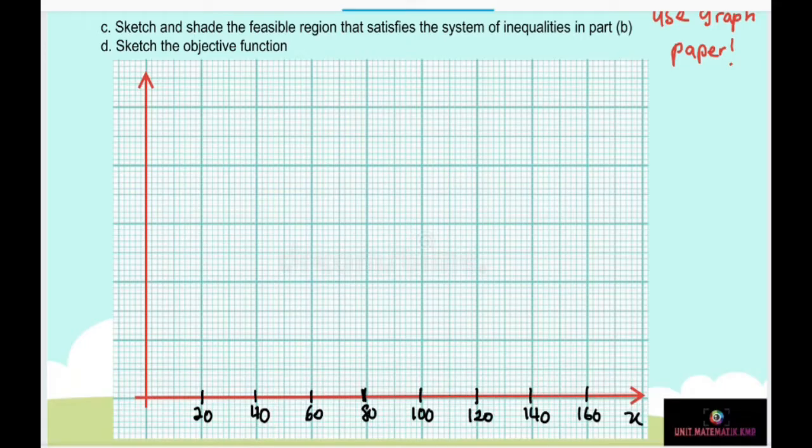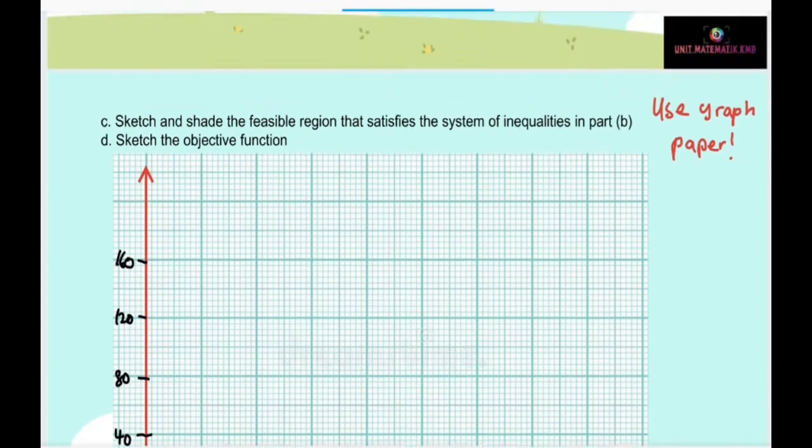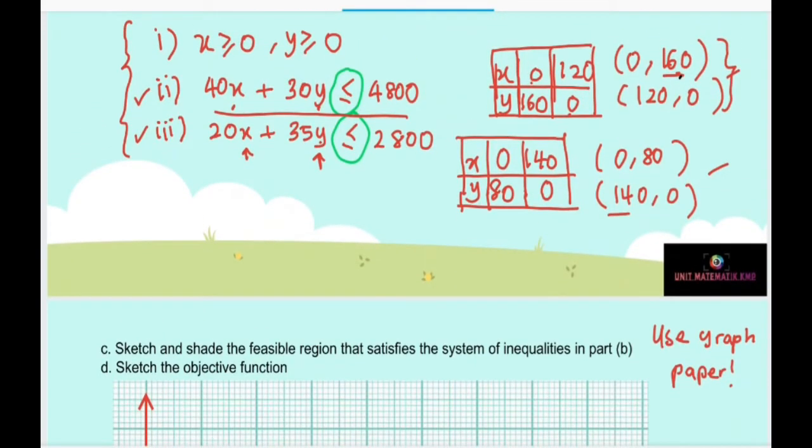But for the y-axis, because my graph paper is a bit small, I have to use a new scale, which is 40, 80, 120 and 160, because the highest number of y here is 160.